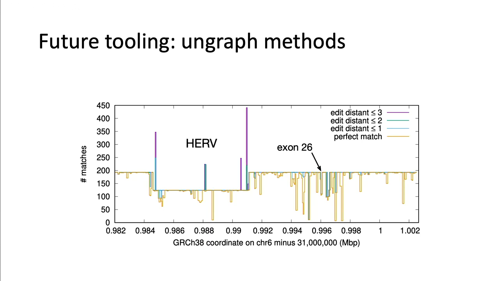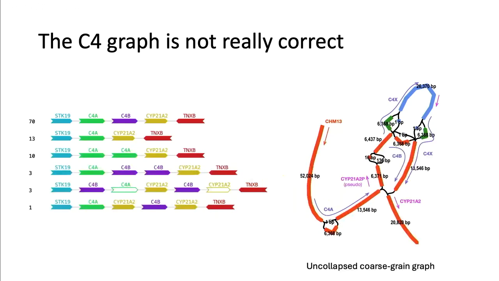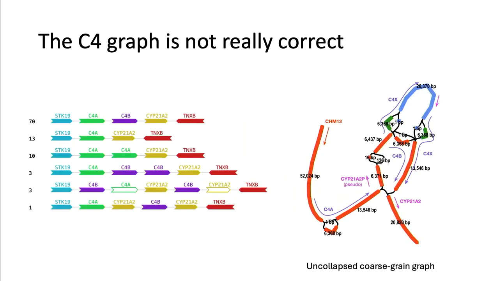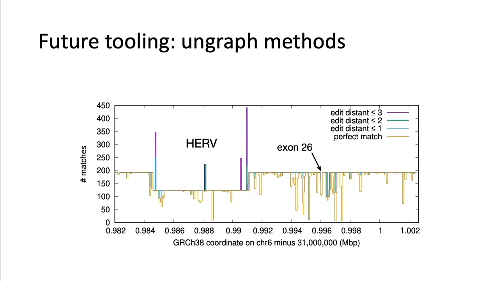You can see from the count there are 193 copies, both C4A and C4B copies in total. Here in the middle part, this is the HERV. This HERV is a 6.4 kb insertion. Some genes have this insertion, some don't. And also at exon 26, you can see the difference. You can distinguish between the two genes.